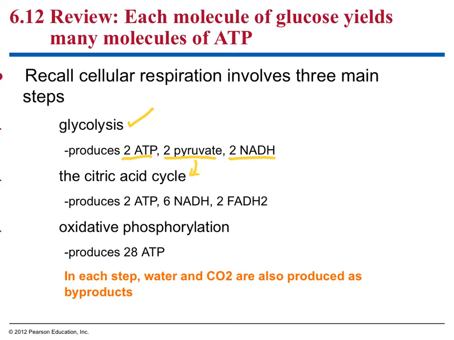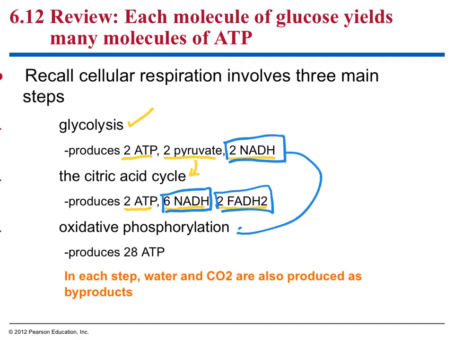Pyruvate then goes into the citric acid cycle, and what comes out at the end of the citric acid cycle are 2 molecules of ATP, 6 molecules of NADH, and 2 molecules of FADH2. Remember that it's the NADH and the FADH2 that are produced in these 2 stages that are going to go into the last stage, oxidative phosphorylation. So all of that energy gets sent to that 3rd stage, oxidative phosphorylation.